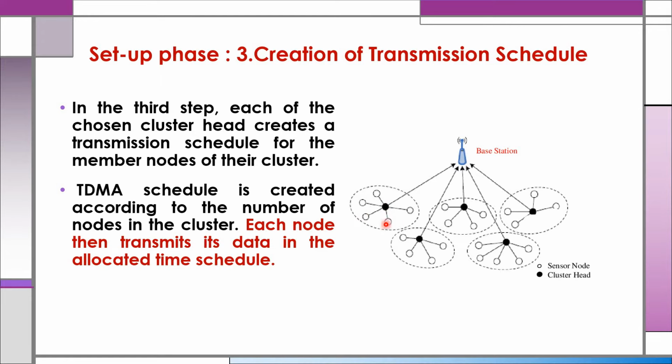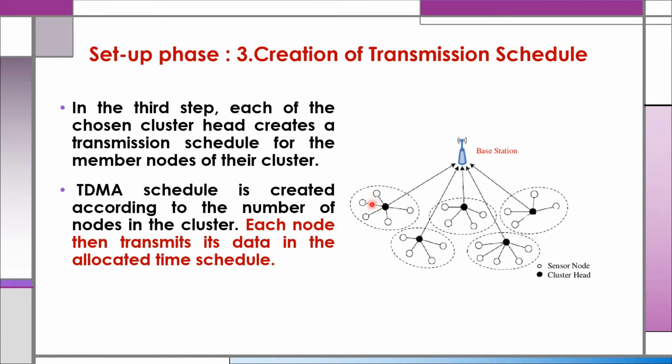If all nodes transmit packets simultaneously to the cluster head, obviously it will create a collision. So you must avoid that collision by providing a proper time slot to each and every node. Here we are using time division multiple access.